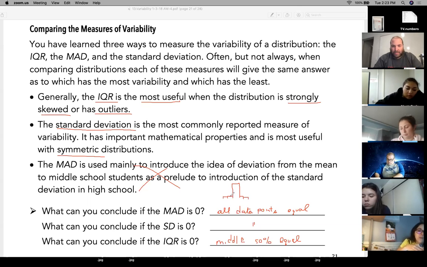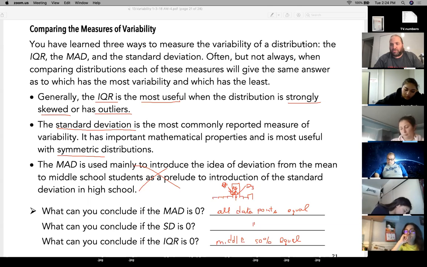This could even be skewed here, and maybe this is taller like this or something. But basically you'll have Q1 right there and Q3, both at the same location right here. Then here's the first 25%, here's the last 25%, but the middle 50% are all the same value. You don't come across that often, but it does exist.